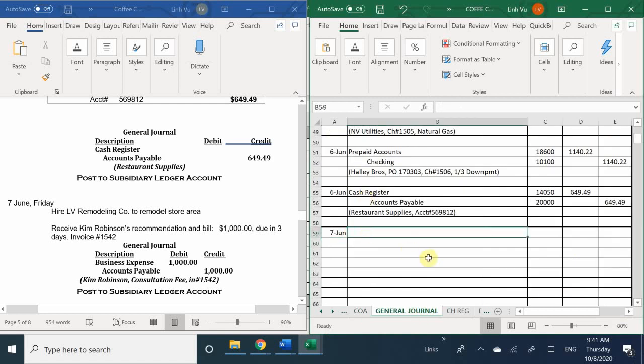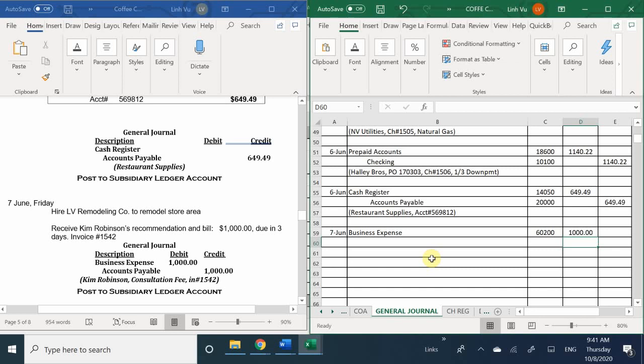Because I've incurred an expense, right? It's going to be debited. Right? And you would say 6,200. And how much was the consultation amount for? $1,000. It was for $1,000.